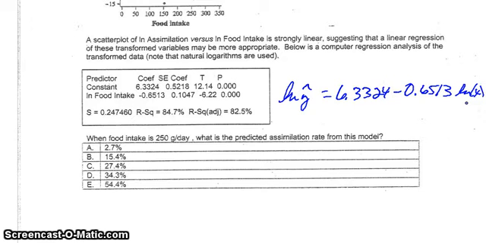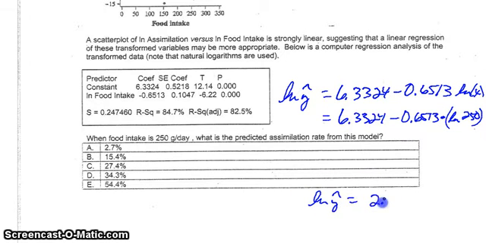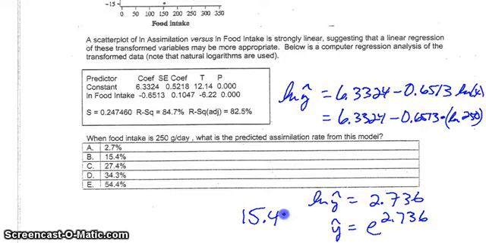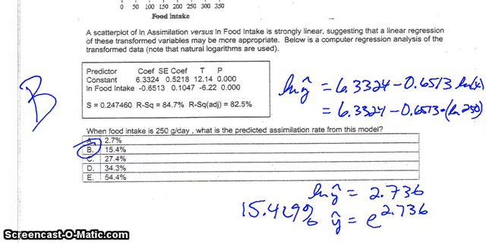So then let's solve it. 6.3324 minus 0.6513 times the ln of 250, which means I get the ln of y hat is equal to 2.736, which then means y hat is equal to e to the 2.736, because ln is log base e, which is approximately 15.429, and that's a percentage based on our context, which means our answer is B. Boom. All right.